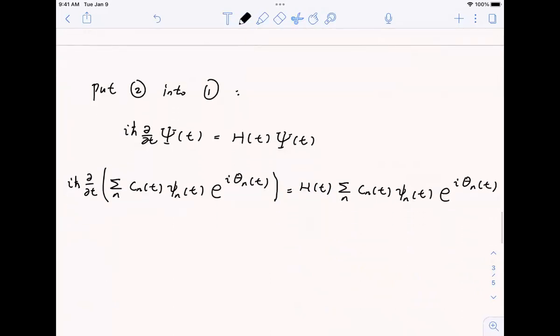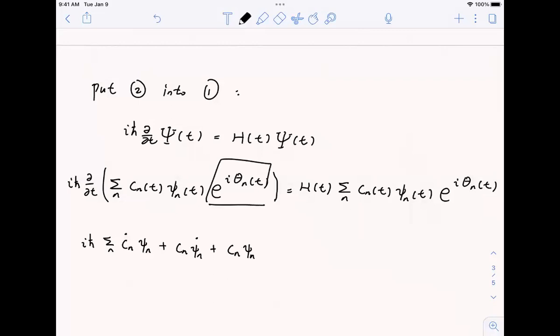Okay, so let's do it on the first part. We're going to use a dot to represent the derivative, so you use Cn dot, and we're going to neglect the notation of time in Cn. You just use the product rule. I use a dot to represent the derivative, then Cn, and then you do the derivative here.